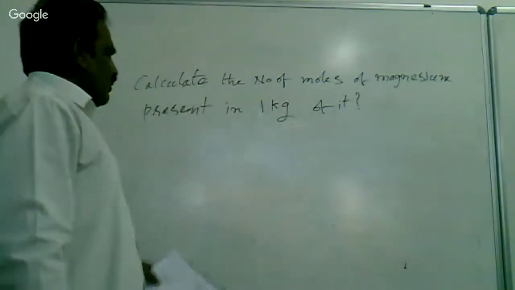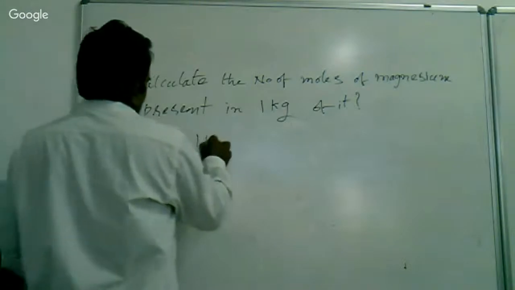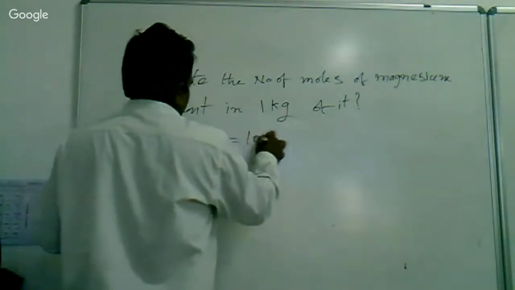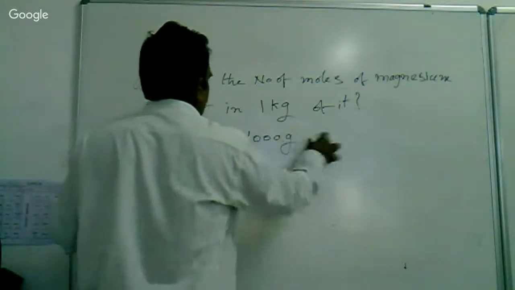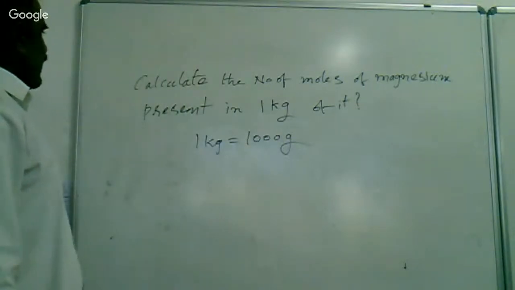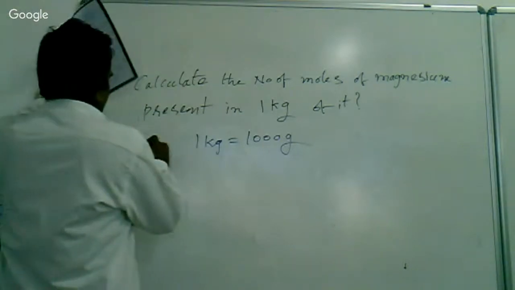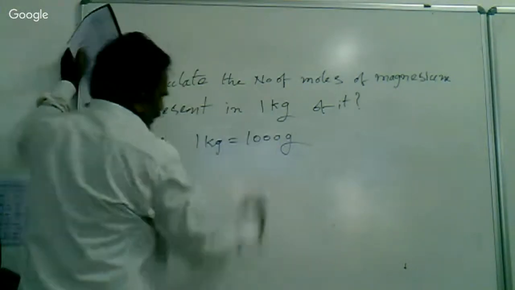So here simply we need to convert into grams. So 1 kg we know is 1000 grams. Right? So here we are taking magnesium 1000 grams.